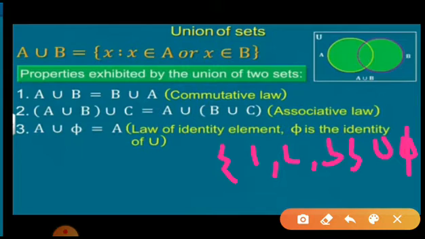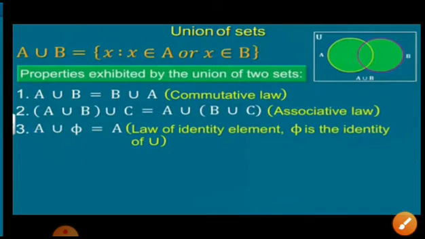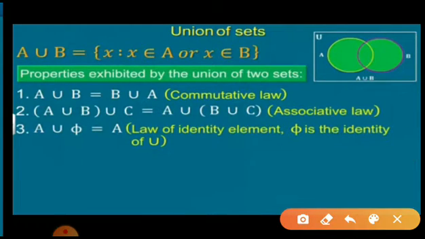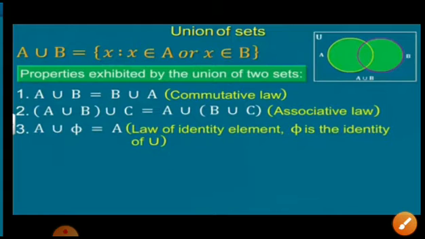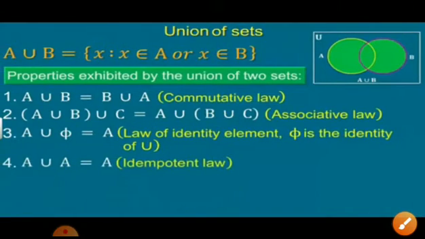So A union phi will give 1, 2, 3 itself, and hence that is your set A itself. So this law we call the law of identity element, and phi is called the identity of U. U means universal set. Hope this is clear.